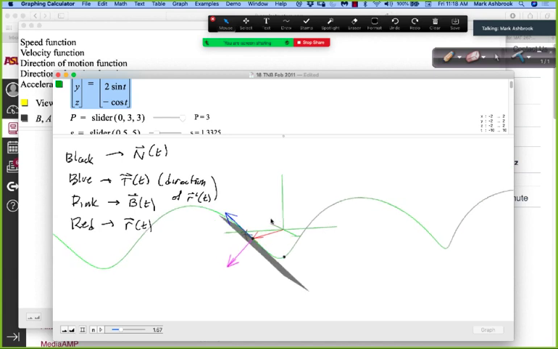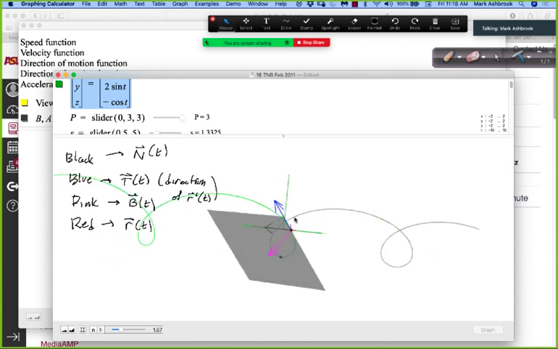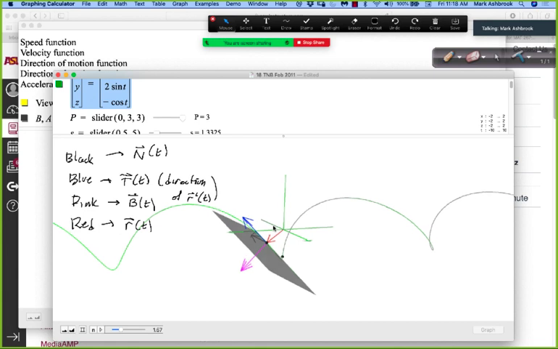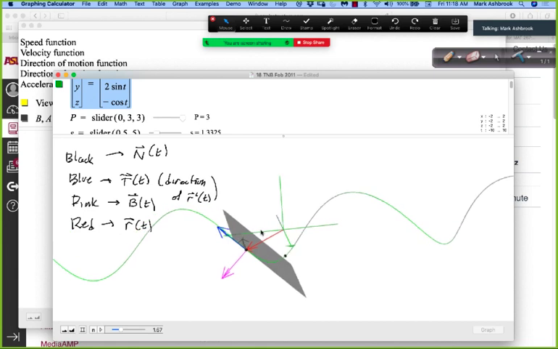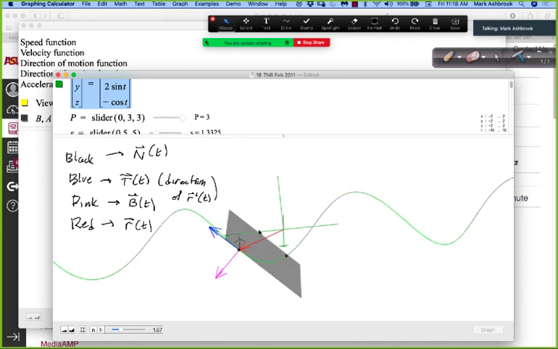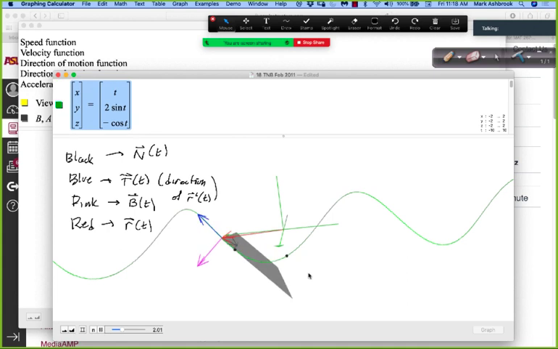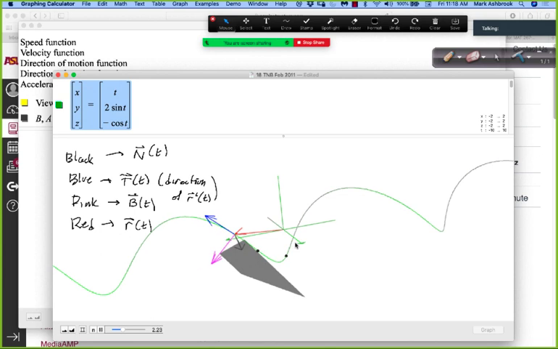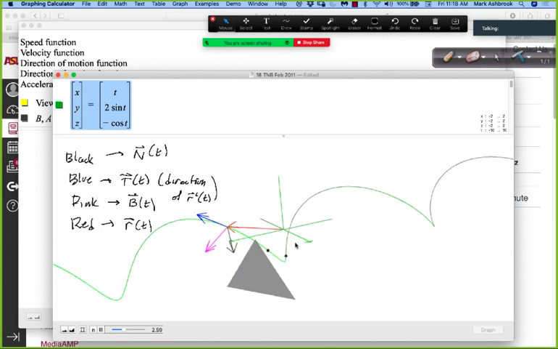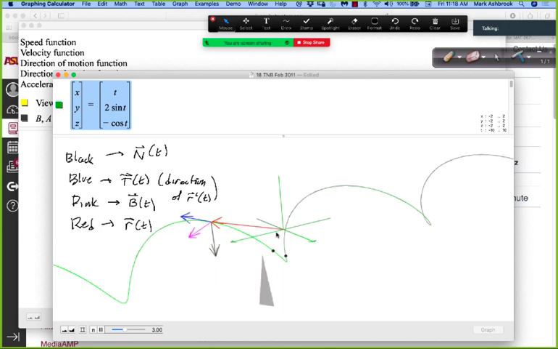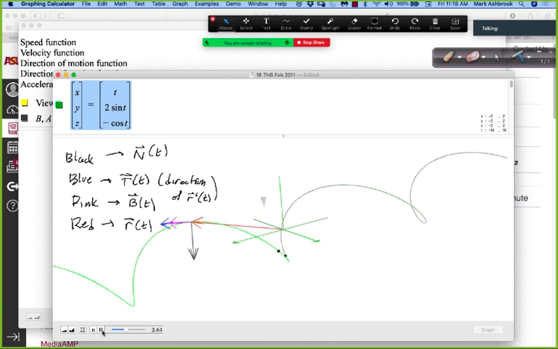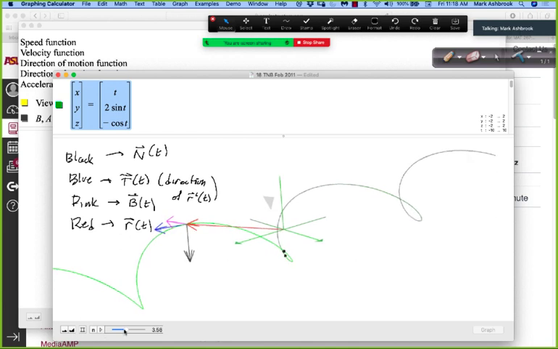Which vector do we use to write the equation of the osculating plane? The B, the binormal vector. Can we see this plane in motion? Sure. It kind of cuts out in different places, but you can see it. So let me go backwards instead of forwards.